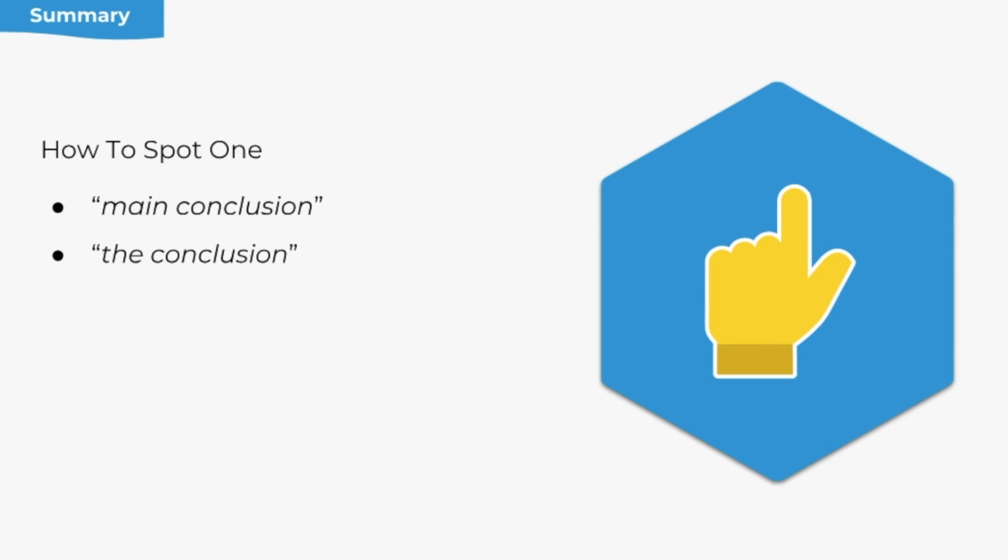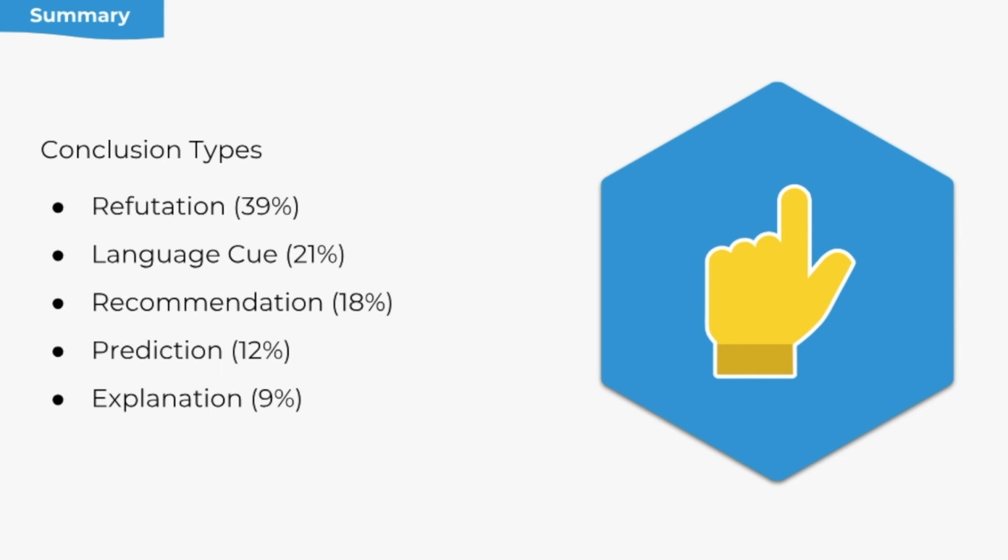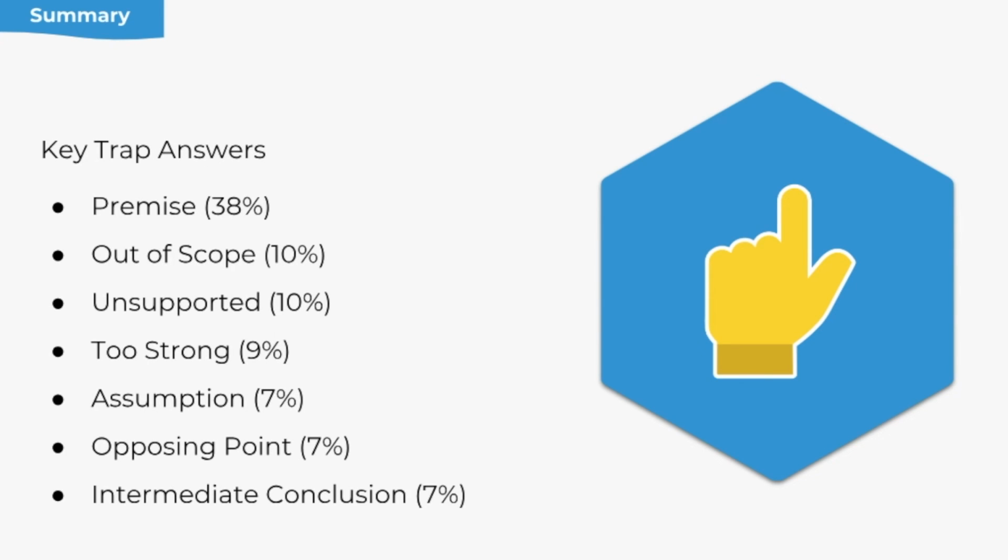The way you spot a main point question, remember, is you're looking for main conclusion or primary conclusion or the conclusion. The types of conclusions you want to be on the lookout for, the idea of a refutation or a language cue, and then recommendations, predictions, and explanations are really helpful when it comes to finding the main point on this question type. And then finally, the key trap answers to be paying attention to, essentially claims that play a role other than the main point will be tempting.